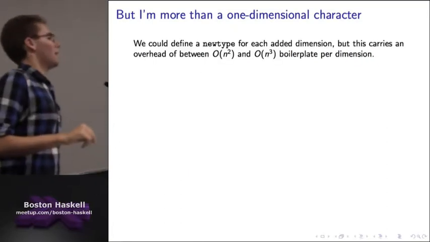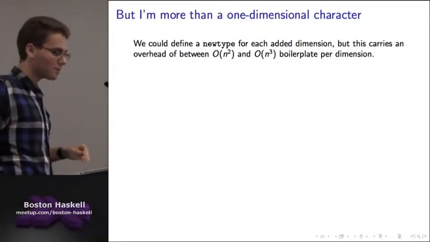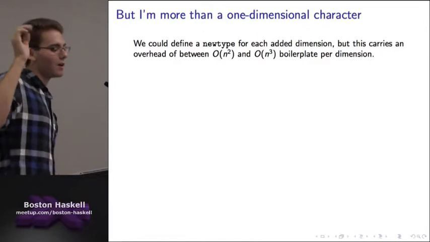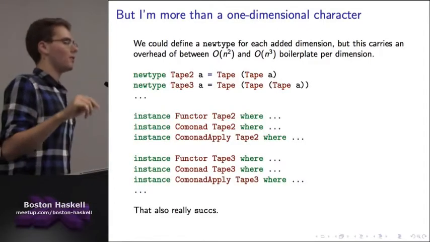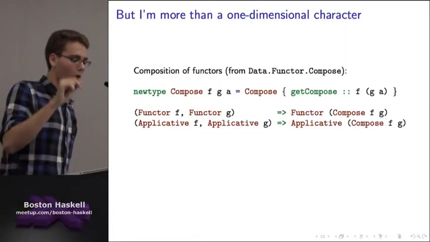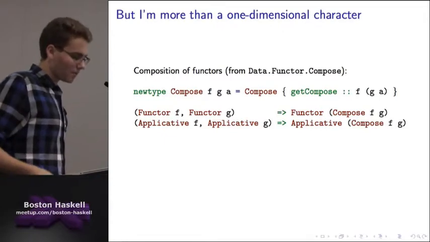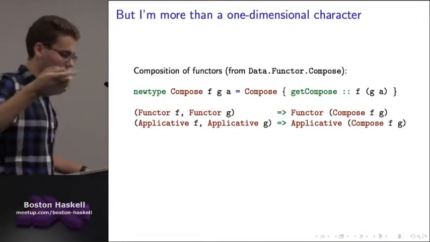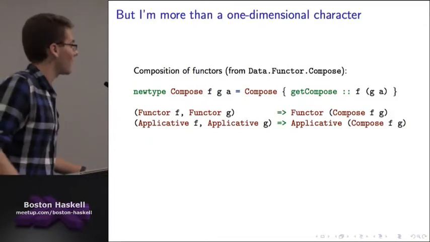So how do we actually talk about this? We could define a new type for each added dimension, but this carries an overhead of between O of n squared and O of n cubed boilerplate per dimension, which also really sucks, but in a completely different way. Or we could talk about composition. So there's this lovely little newtype from Data.Functor.Compose that lets us talk about the composition of functors.